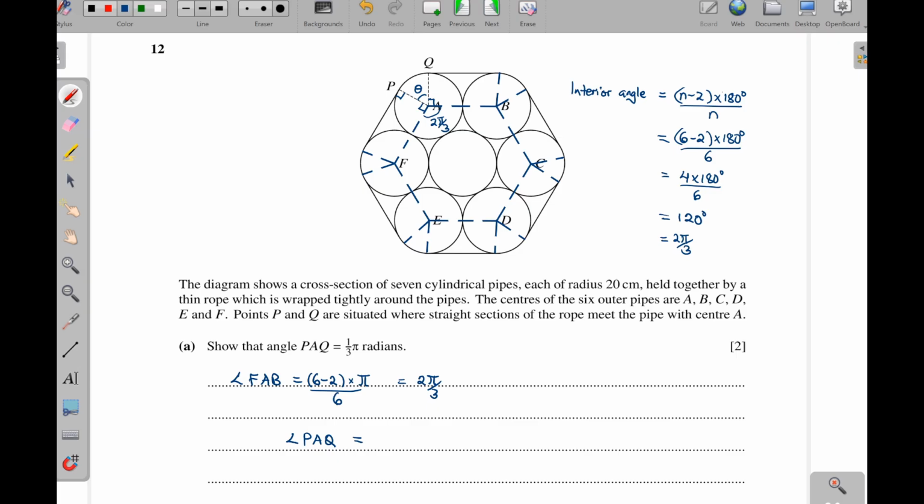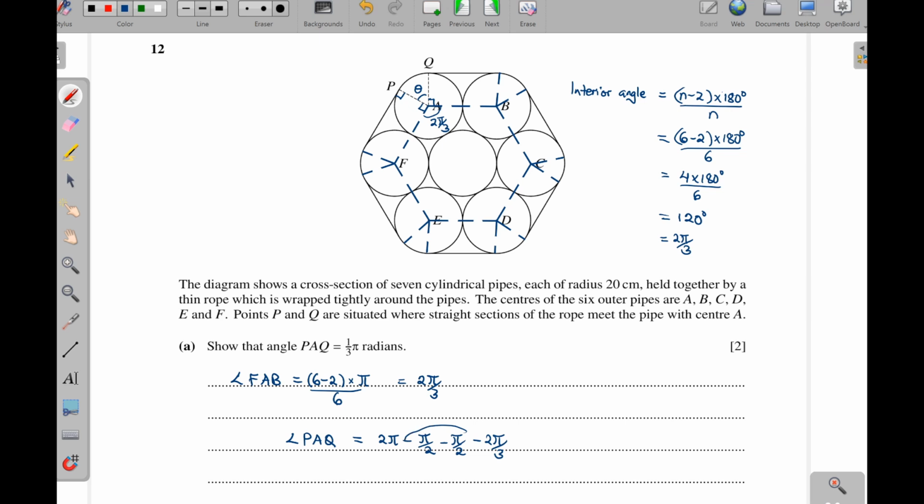will be equal to, angles at a point sum up to 360, which is 2 pi, then minus, what do we have here? This one is 90. So 90 is pi over 2. Then there is another 90. Then there is this 2 pi over 3.